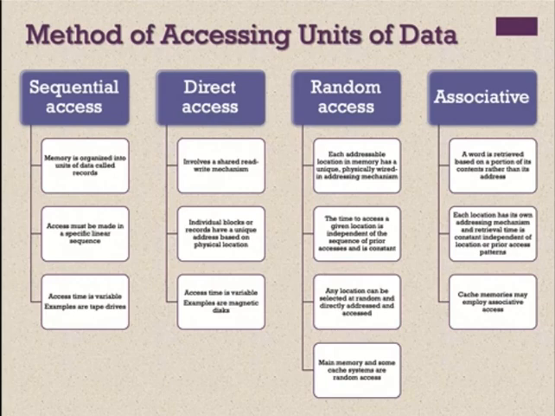We will discuss this in detail, so just keep cache in mind, but we will come back to this mapping mechanism. Each location has its own addressing mechanism, and retrieval time is constant, independent of location or prior access pattern. Cache memories may employ associative access.